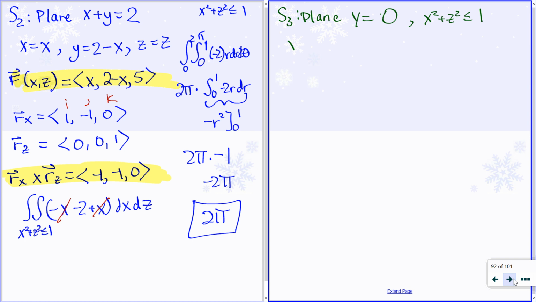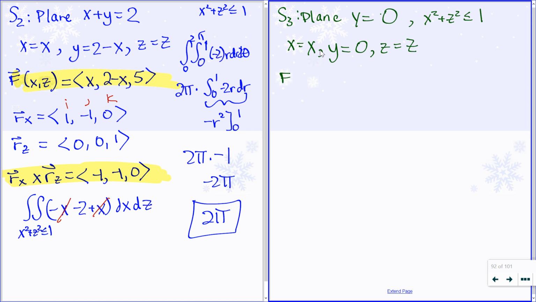So we have to make x itself x, y is going to be 0, because that's where we are, and z is going to be itself on the xz plane.